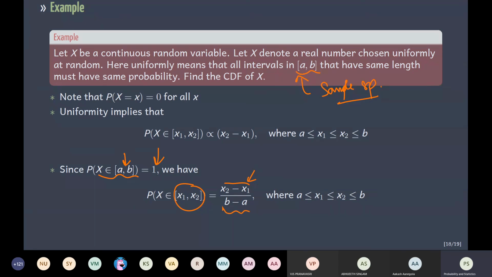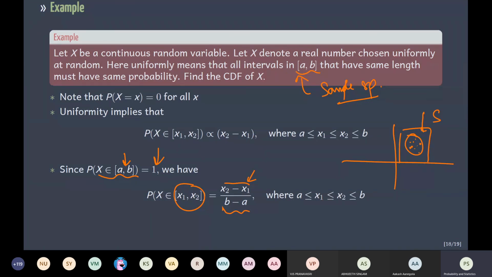If you go to a higher dimension, then you talk about area. For example, what is the probability that a point lies in a circle bounded inside some rectangle, which is your sample space S. And in 3D you can talk about volume. So you talk about length, area, volume, and then you take the ratio.